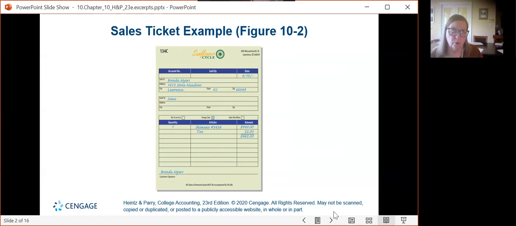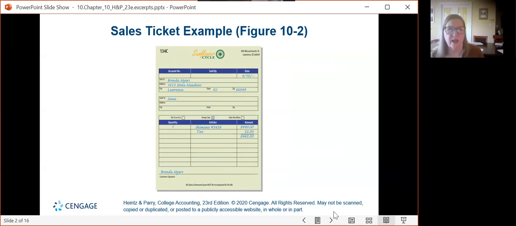But if you are a big corporation, or maybe even a small one with a computer system tracking your sales, you would use a scanner for the UPC codes, and it would record the sale automatically just from scanning it. So it keeps track of your inventory change at the same time it's recording the sale. Then you just look on your computer to see what your sales were that day.